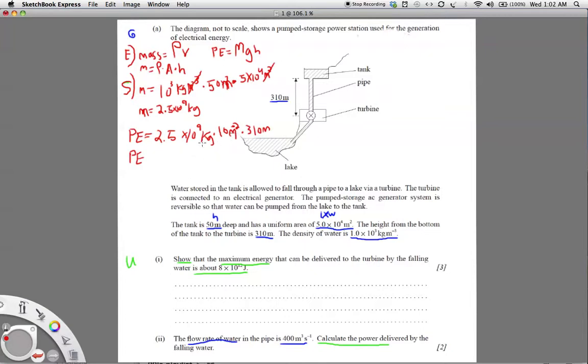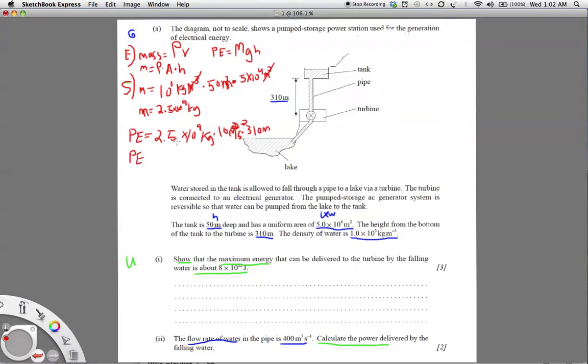So in this case here, we have kilograms times meters squared per second squared, because it should be seconds to the negative 2, and that's just meters squared. That's where I went wrong.